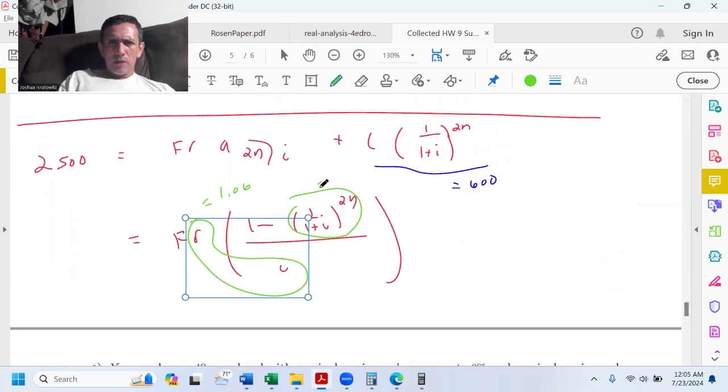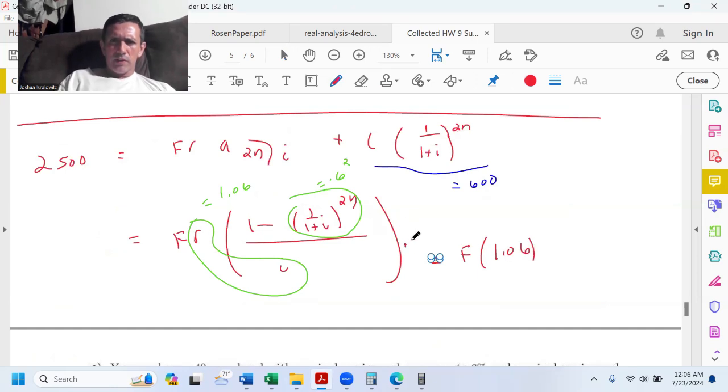So this is going to be 0.6 squared. All right, so we're almost done here. F times 1.06, sorry, plus 600. Don't want to forget the 600. It's plus this here.